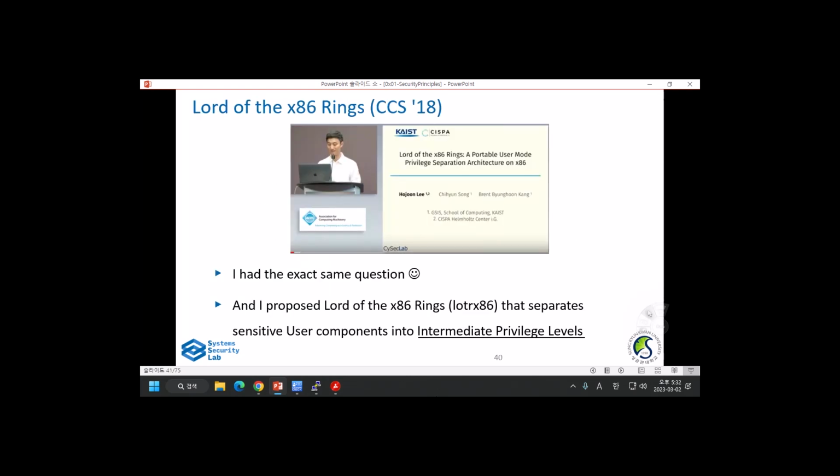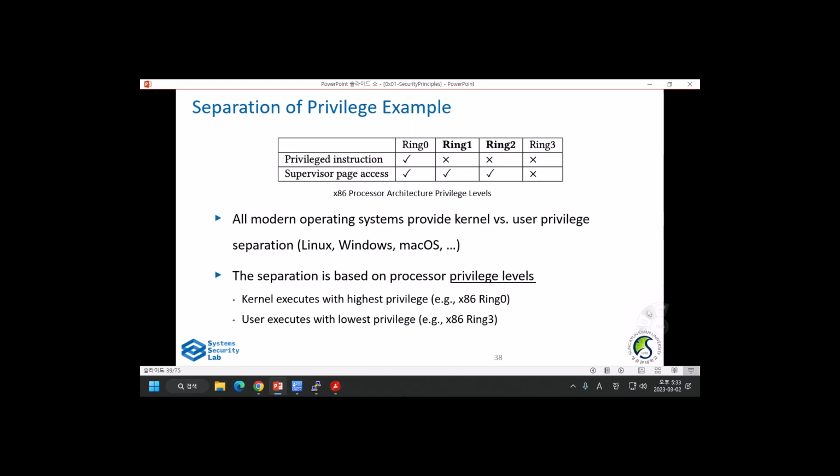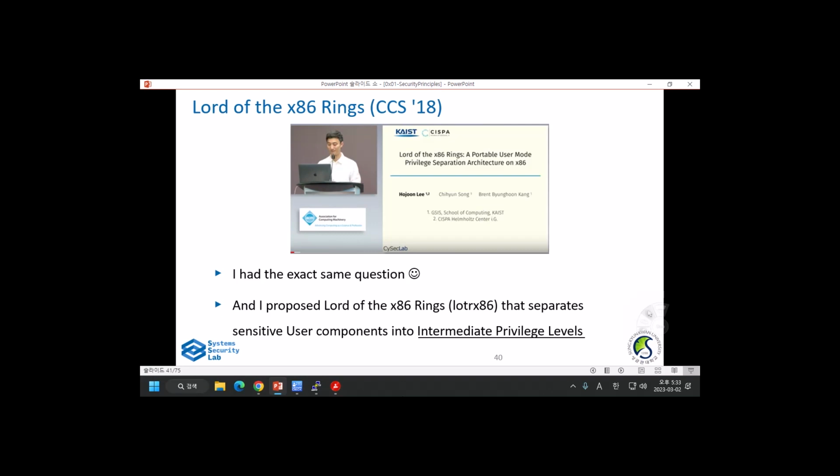Basically, in this paper, I proposed that we can have a middle ground between the user and the kernel so that we can store more important user space components such as cryptographic keys and so forth.